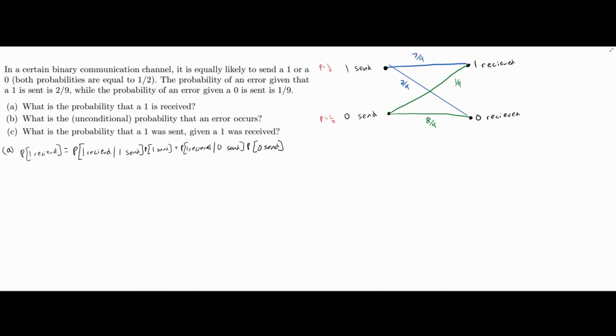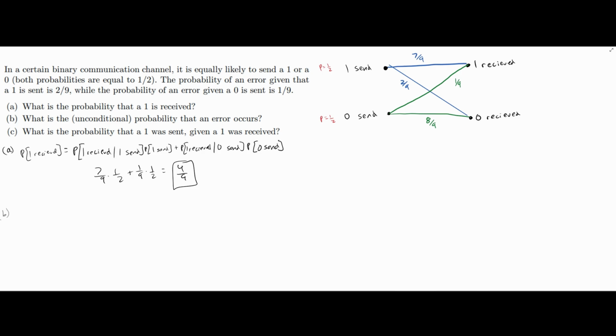So that's how we would write out this first one. Now all we have to do is plug in the specific values. So we have 7/9 times 1/2 plus 1/9 times 1/2, and this is going to give us 8/18 or 4/9. So that's how we would solve for our A. A is complete. Now let's look at B.